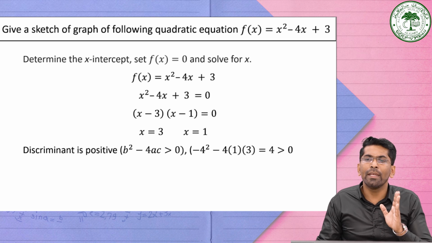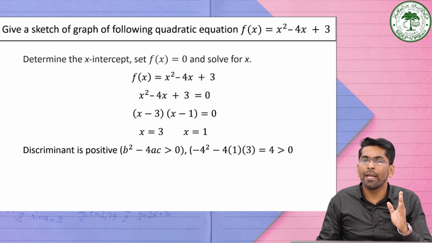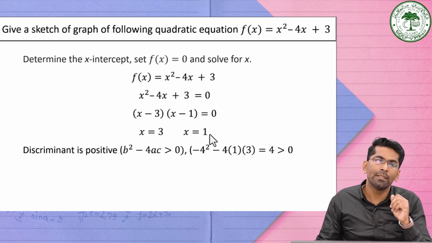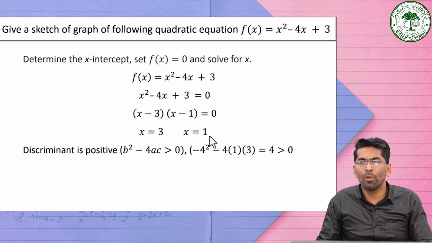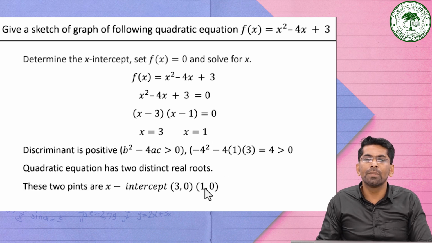Therefore, the quadratic equation has two distinct real roots, which means the parabola passes through two points on the x-axis. See here, one is at x is equal to 3 and another one is x is equal to 1. Therefore, our x-intercept terms are 3, 0 and 1, 0, which means that x is equal to 3 when y is equal to 0 and x is equal to 1 when y is equal to 0.